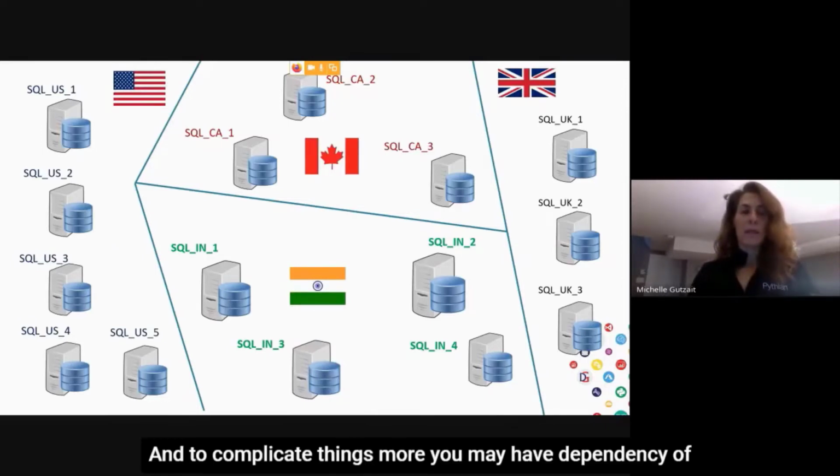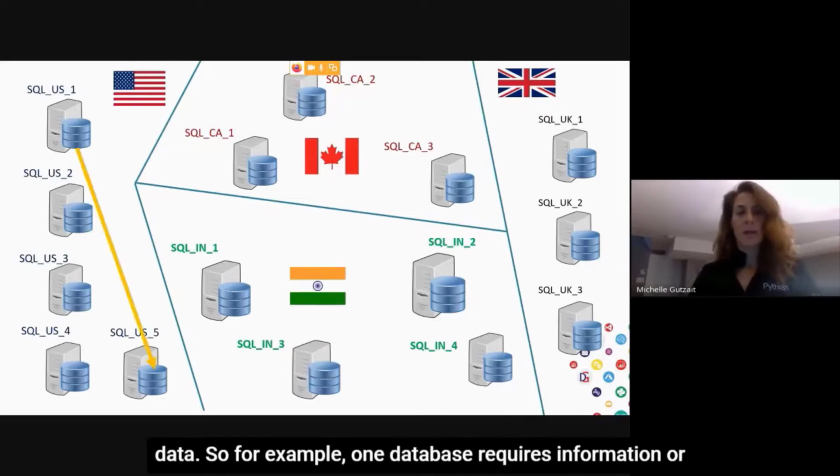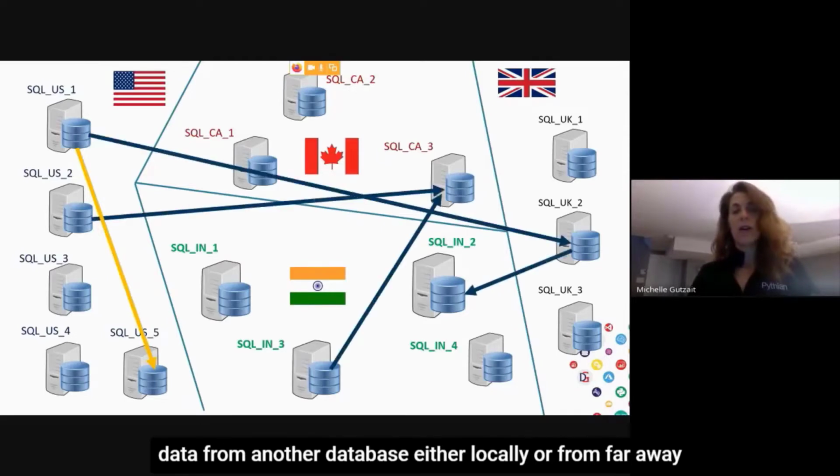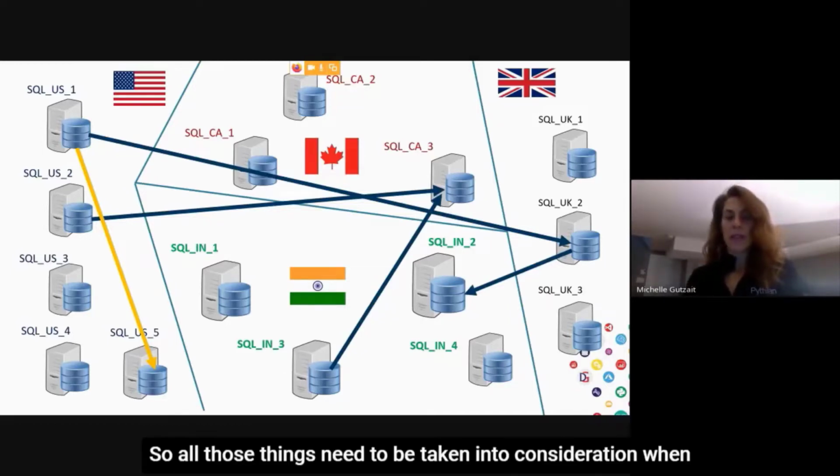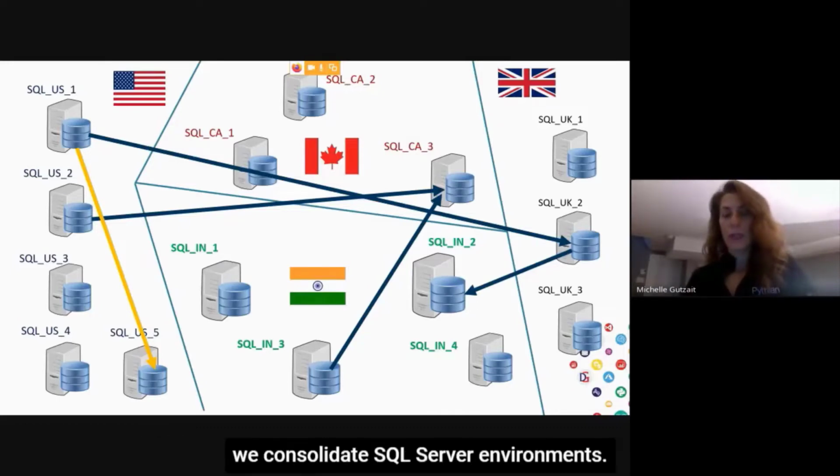And to complicate things more, you may have dependency of data. For example, one database requires data from another database, either locally or from a physically far away instance. All those things need to be taken into consideration when we consolidate SQL Server environments.